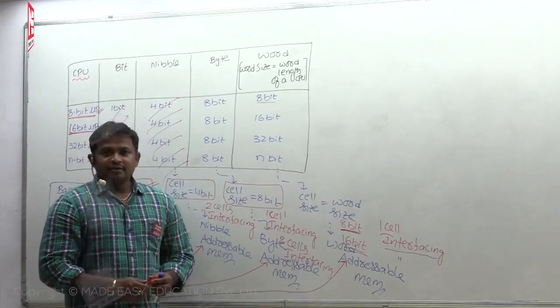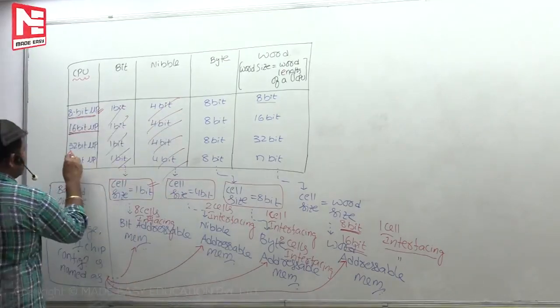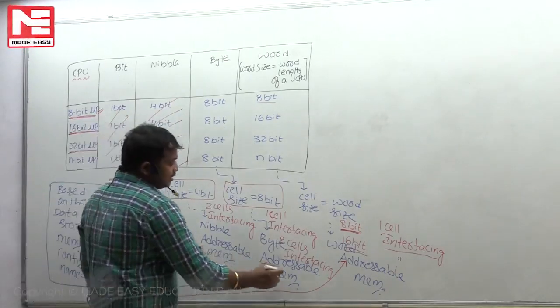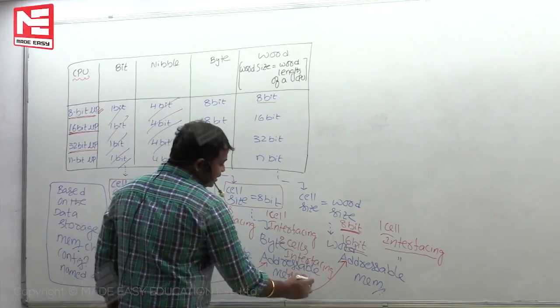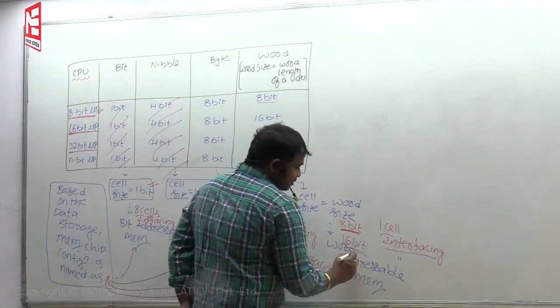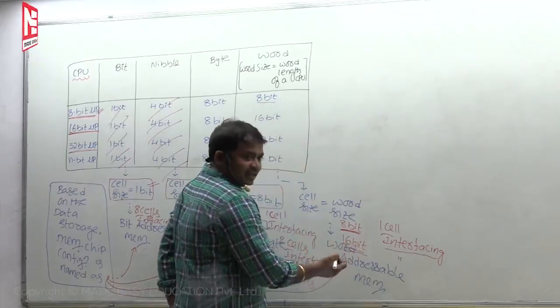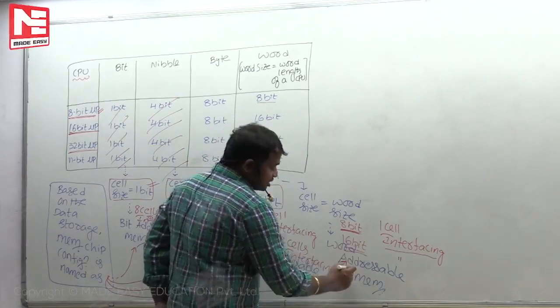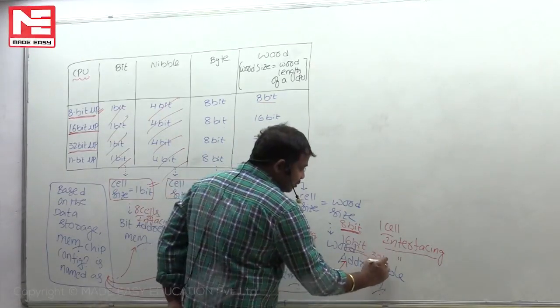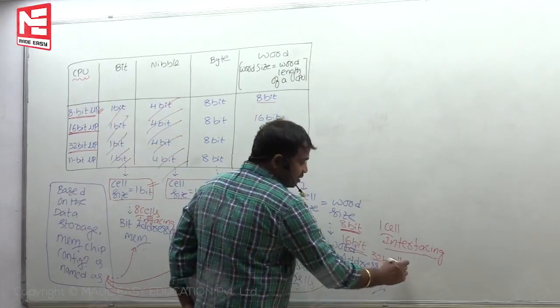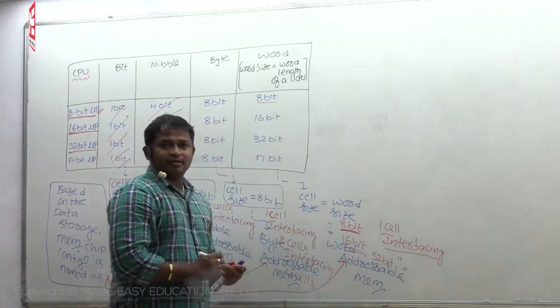Is it clear now? Now, if it is a 32-bit microprocessor, same story. Here 4 cells interfacing needed. But here 16-bit information is illegal in the 32-bit CPU. So customize the cell with 32 bits. Cell size is customized. Number of cells interfacing is 1.